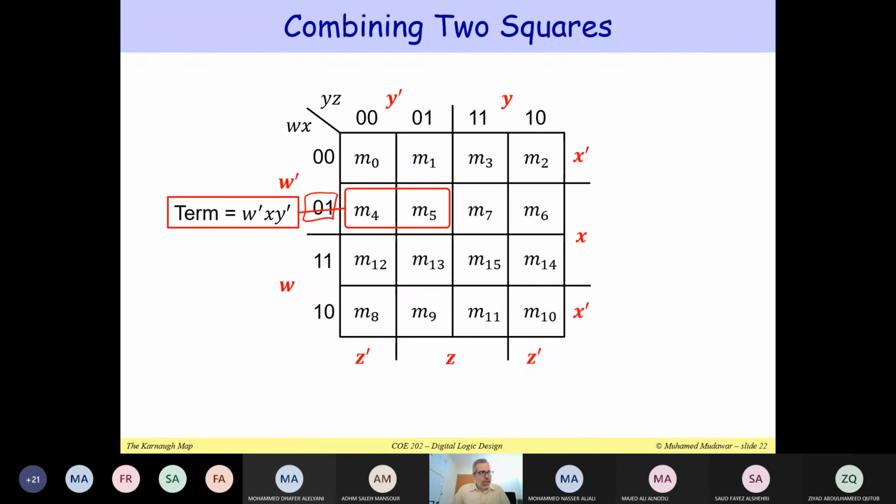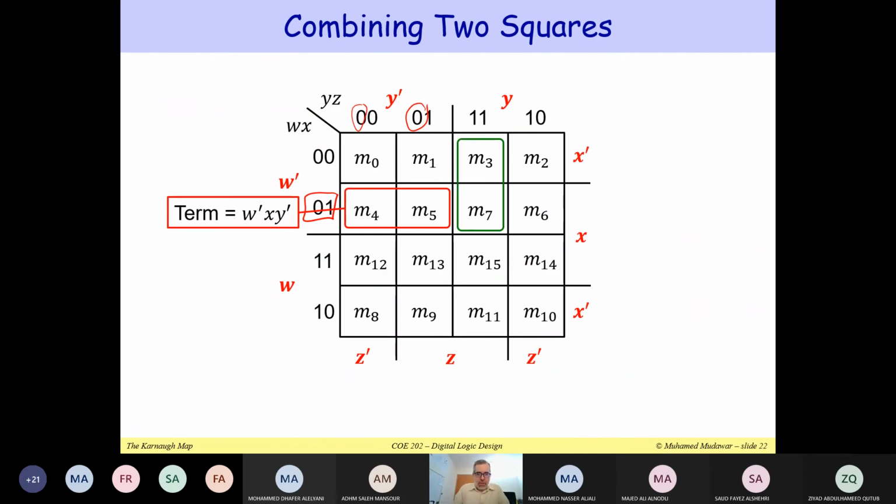X is equal to 1, so that must be X. And we have Y equal to 0 for these 2 minterms, so that must be Y prime. It does not depend on Z. So notice that by combining 2, the less you combine, the longer is the term. Now it has 3 literals, 3 variables: W prime, X, and Y prime.